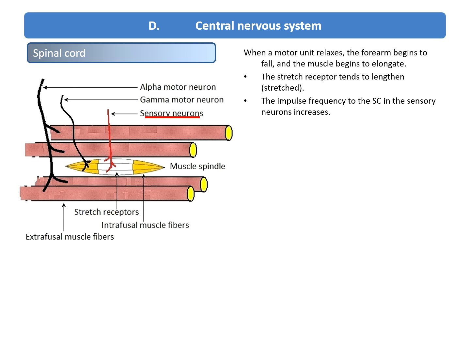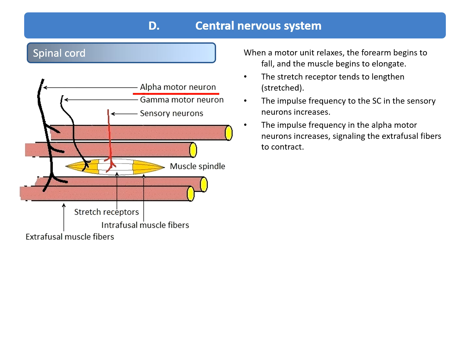The impulse frequency to the spinal cord in the sensory neuron increases. The impulse frequency in the alpha neuron increases, signaling the extrafusal fibers to contract. The extrafusal fibers contract, restoring the tension in the motor unit to normal.